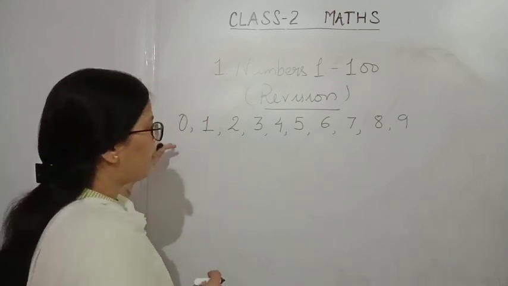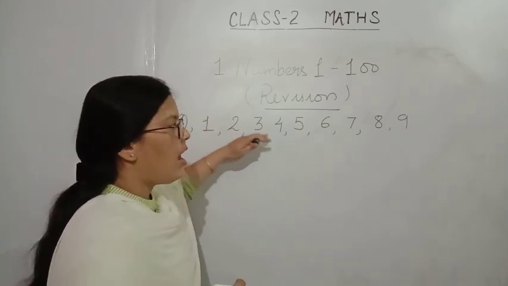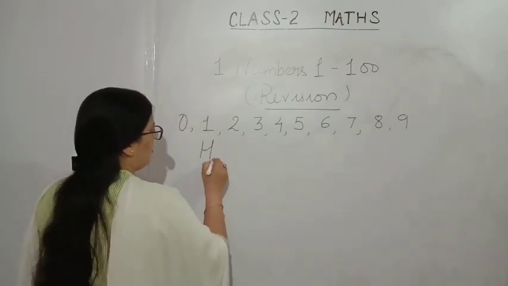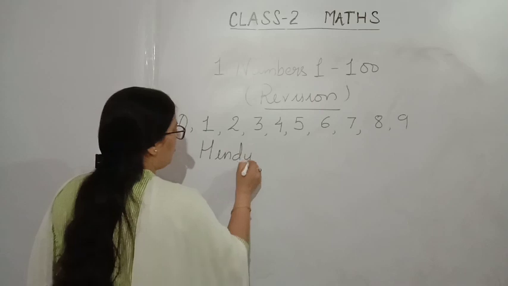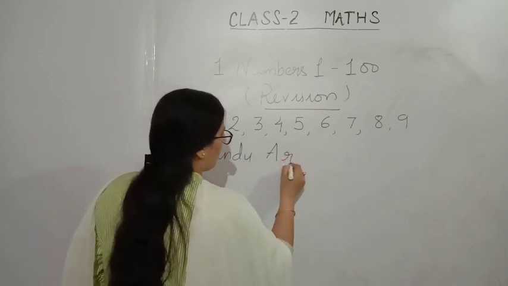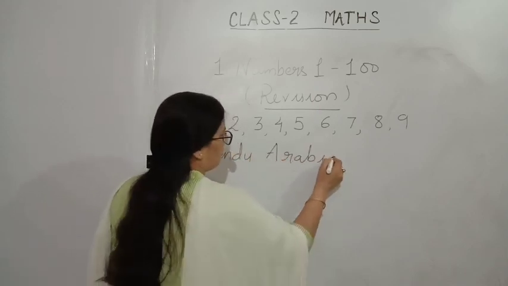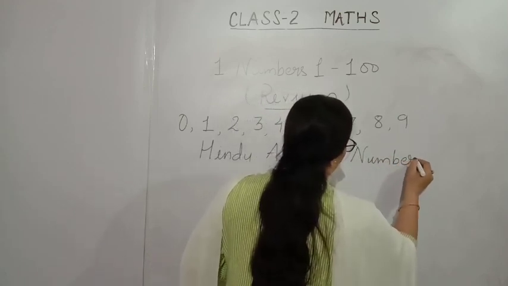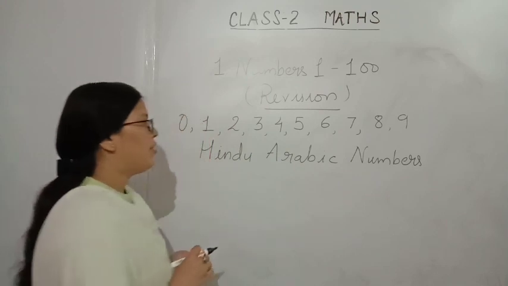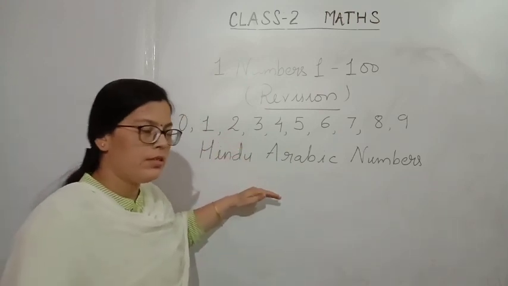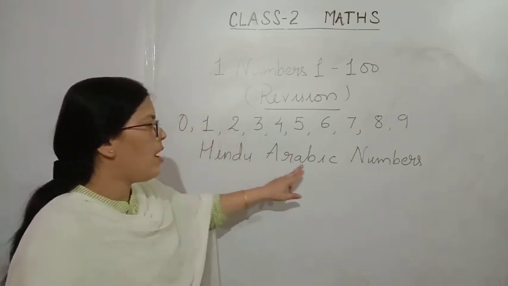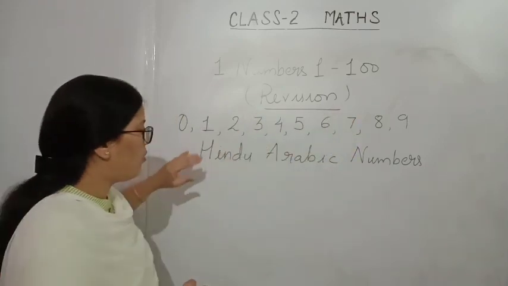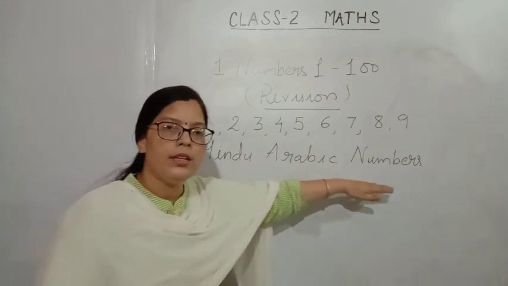Now these symbols or digits are also known as Hindu-Arabic numbers. The digits or the symbols which we use to form the numbers are known as Hindu-Arabic numbers.